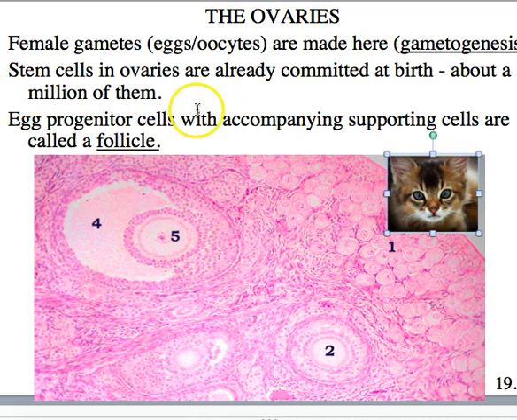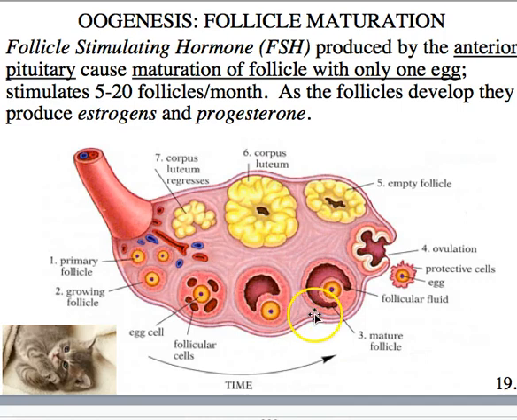The follicle is basically the egg progenitor. It houses the developing egg and some accompanying cells, which are going to become really important soon. If this is an ovary and we track one cell over time, it's not that they travel in this direction, it's just an easy way to think about it.